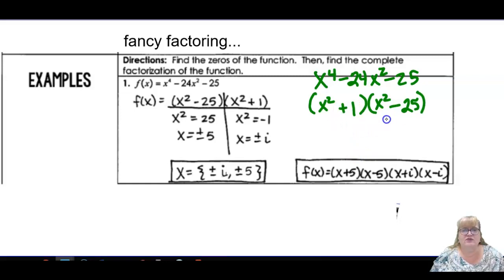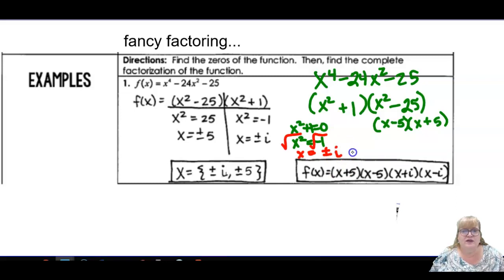Then if we set each of those equal to 0, this one actually factors further. And this one does not factor further, but we can solve it. Whoops, there's a 1 in there. So we get x squared equals -1, and then when we square root both sides, we get x equals, remember it had a squared, so it's a plus or minus, and the square root of -1 is i.